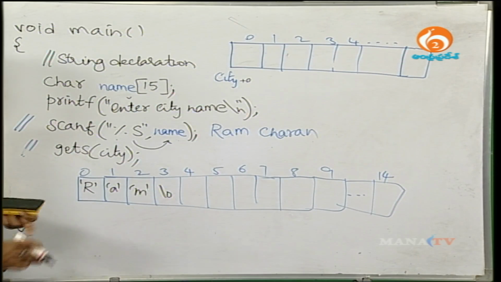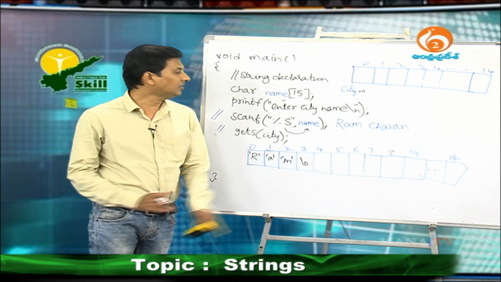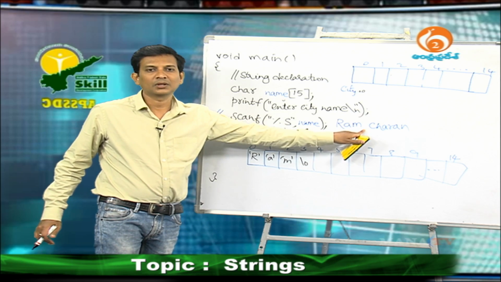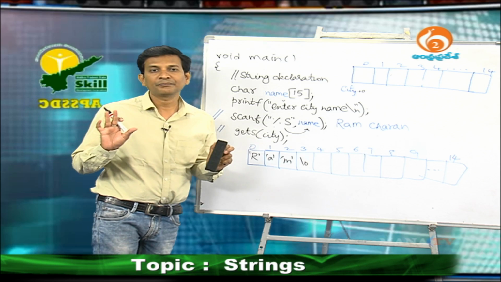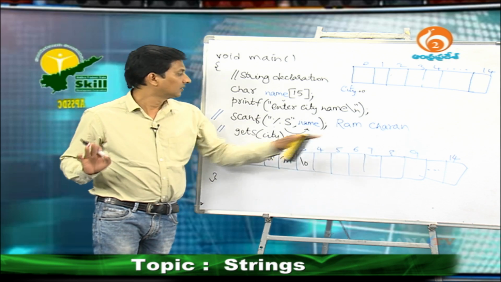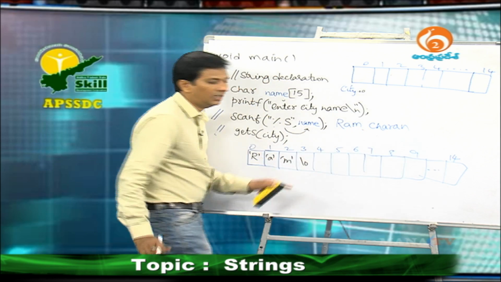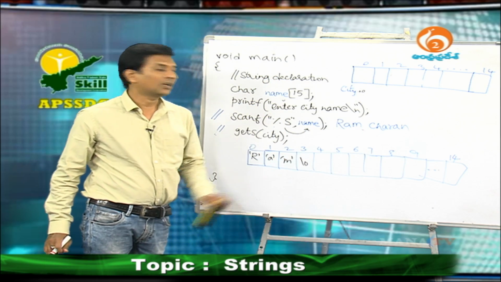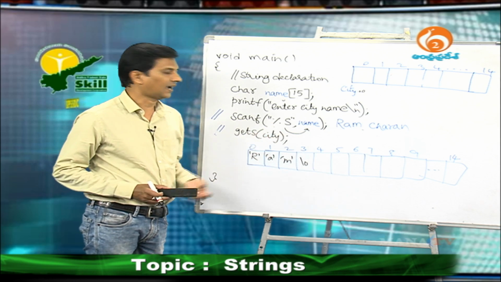But how do we store Charan also, with the space? If you want to use the scanf function, do not use the space. Simply write RAM without space and Charan, then only it will be stored here, because space is treated as the end of the string for scanf.